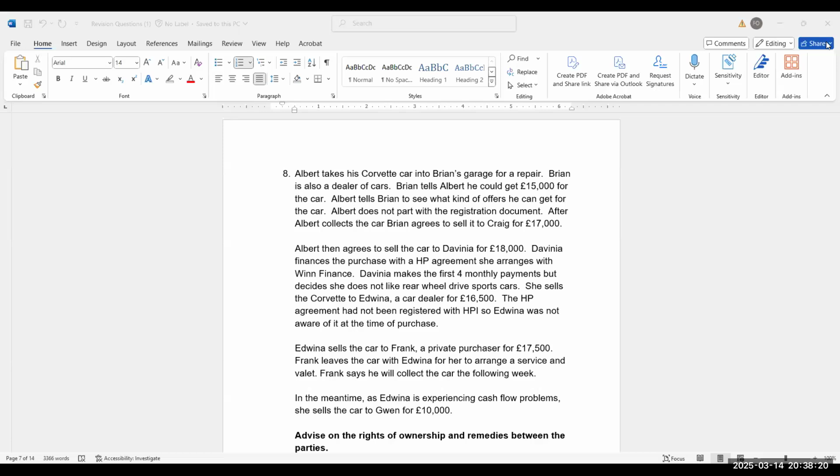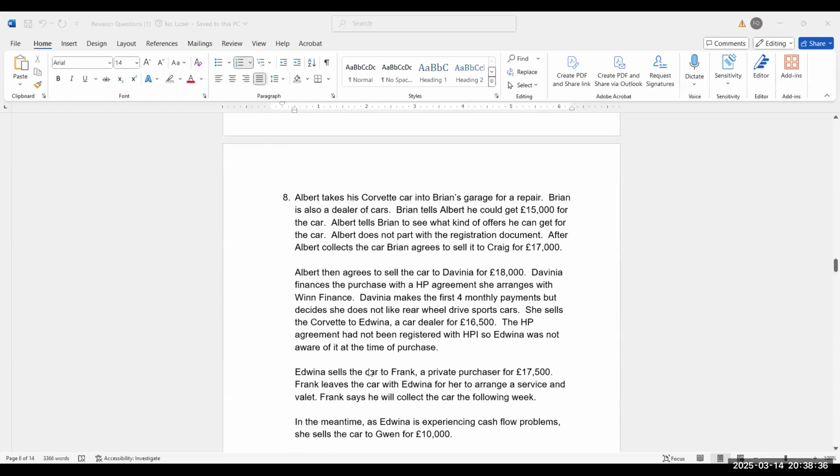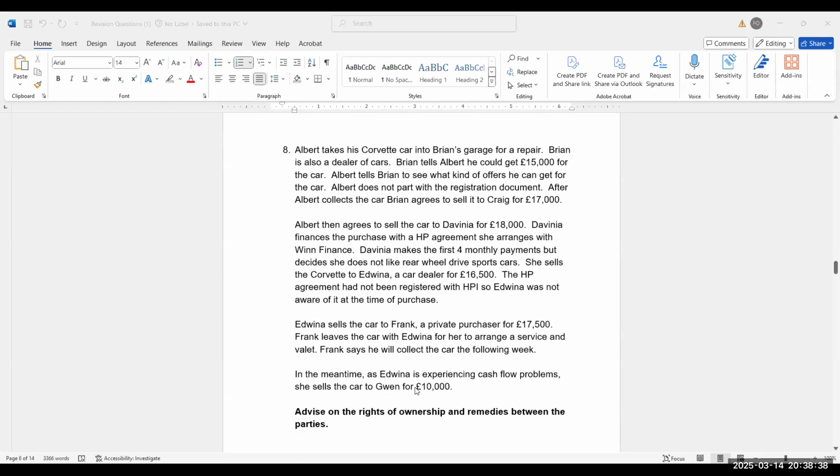I don't think that's clear on the facts. Edwina sells the car. She's experiencing cash flow problems. She sells it to Gwen. So we don't know actually if Gwen took possession or not. So that's something we should be finding out, but it's not clear on the facts.